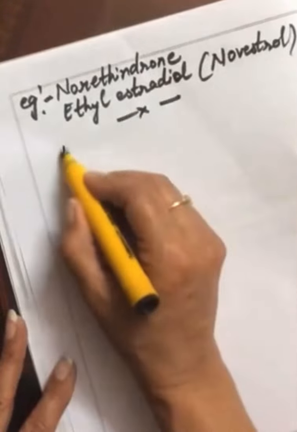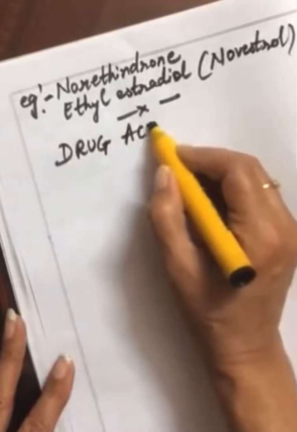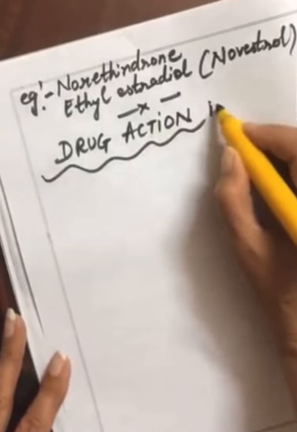So this is our first topic that we have covered, the different types of drugs. Now, one thing more is left in the drugs, that is how these drugs actually work. Drug action. What is the meaning of drug action?